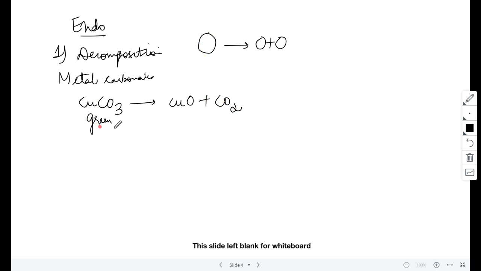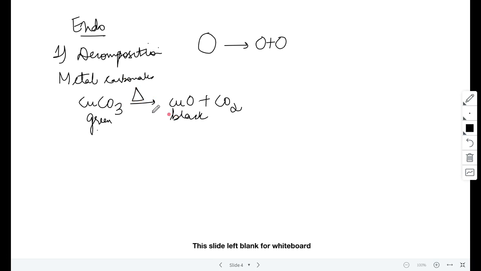If you split copper carbonate, which is green in color, it produces the black copper oxide. This happens when it is being heated.